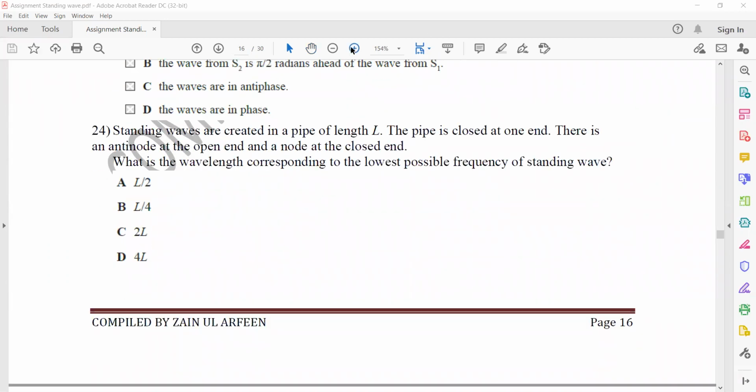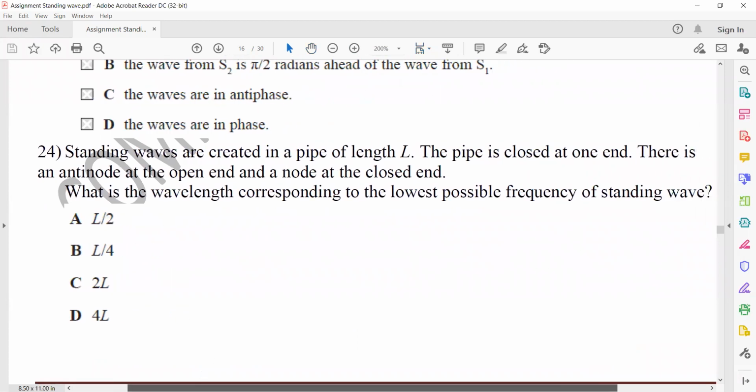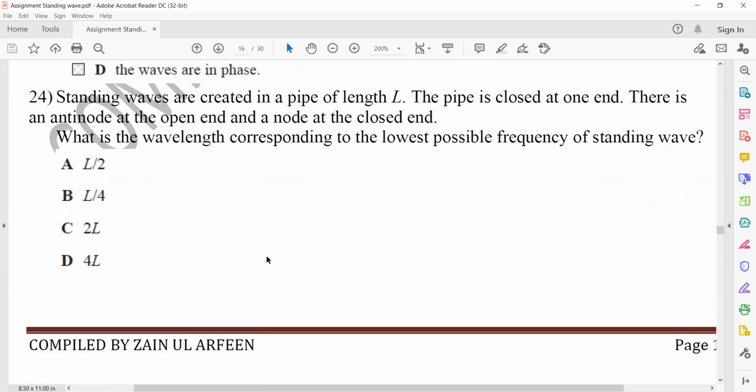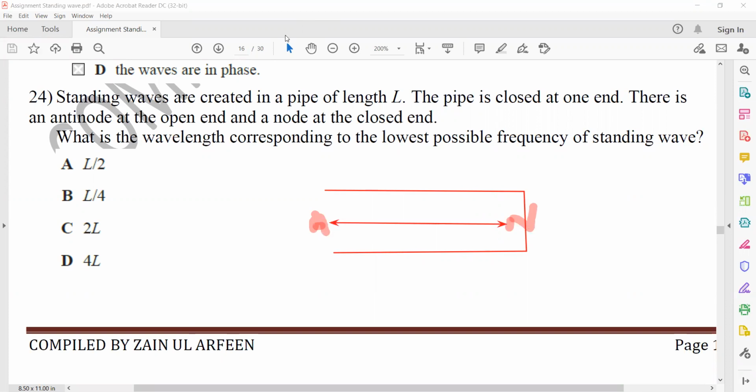Question 24. Standing waves are created in a pipe of length L. The pipe is closed at one end, and there is an antinode at the open end and a node at the closed end. What is the length of the corresponding lowest frequency? So it's a closed pipe, closed from one end. It forms an antinode at the open end and a node at the closed end. And we know the distance between a node and an antinode is equal to lambda by 4.